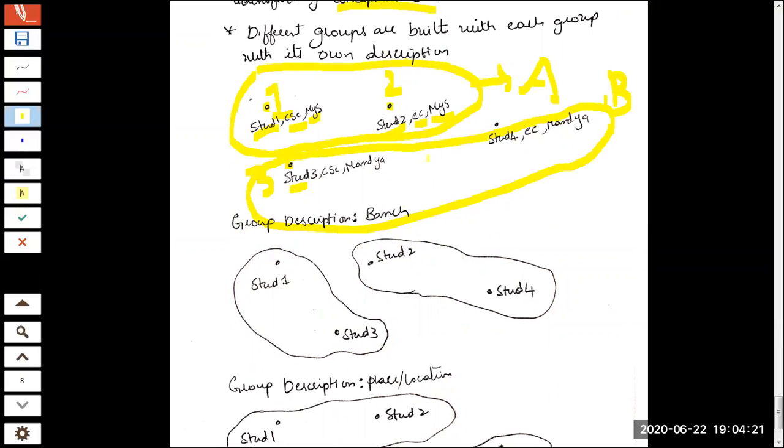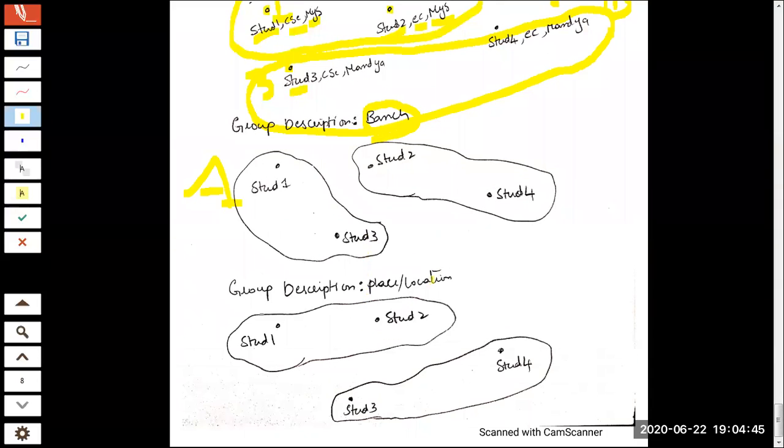These data points become part of a specific cluster based on the concept you introduce, the description you give. With the first description, clusters based on branch, students 1 and 3 went into cluster A. In the second description, clusters based on place or location, students 1 and 2 went into cluster A, and the remaining points into cluster B.